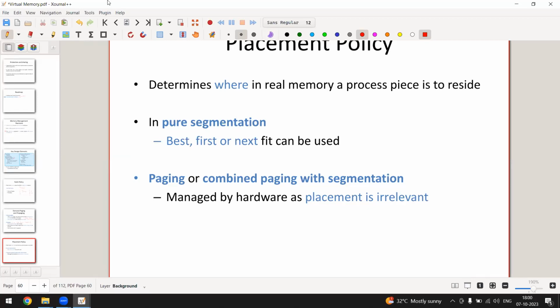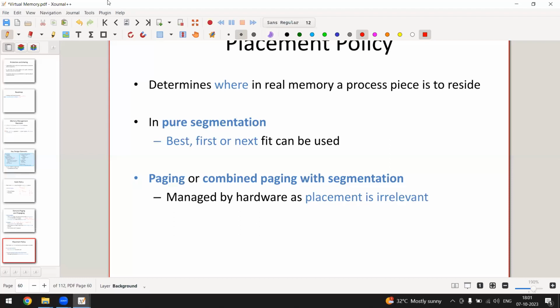So it doesn't serve a purpose where you place your page or segment in memory if you are using the combined approach.